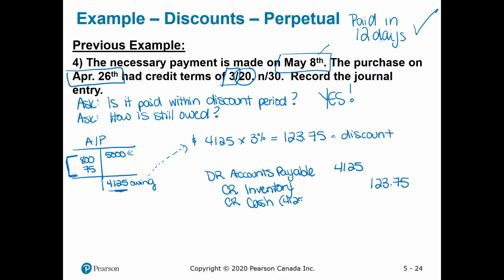And we take the $4,125 minus our discount amount. So the cash that we'll actually pay is $4,001.25. So again, this is May 8th, to record payment in discount period.